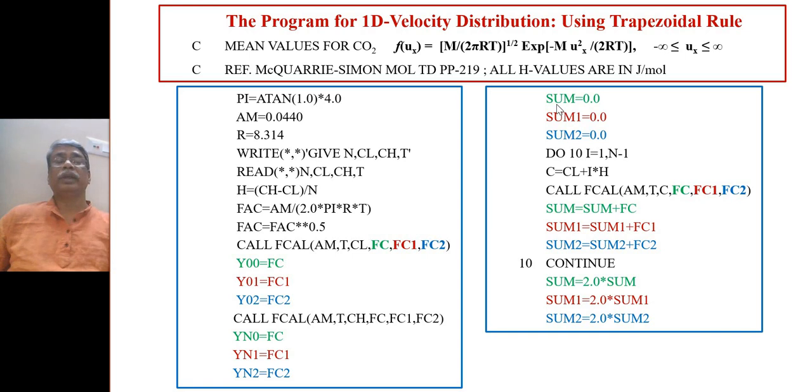So again we are initiating 3 empty boxes, sum, sum1, and sum2 for these 3 quantities, and then we are giving the increment to the c value, and c is the input here, and then 3 different colors again. So sum is sum plus fc, that means this fc part is being added one by one to the same box sum, and then fc1 is being added, fc2 is being added.